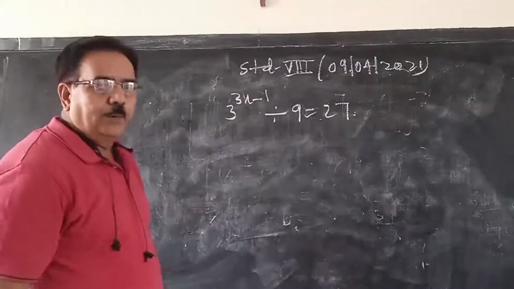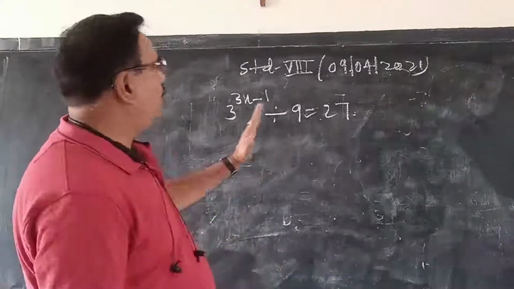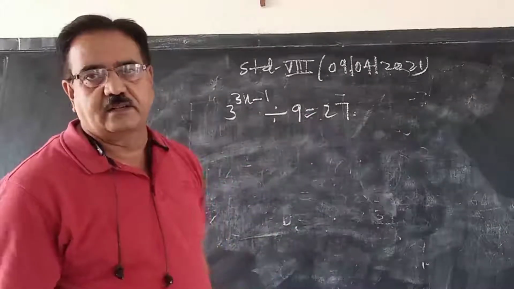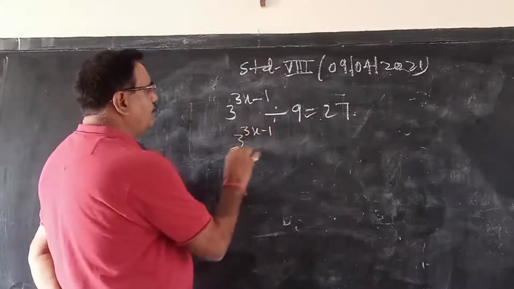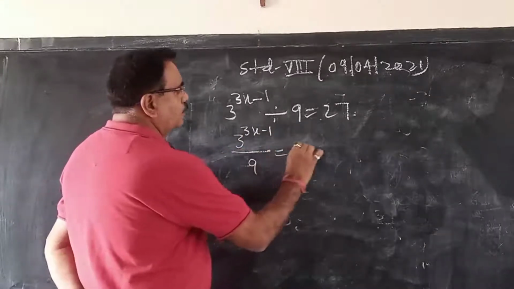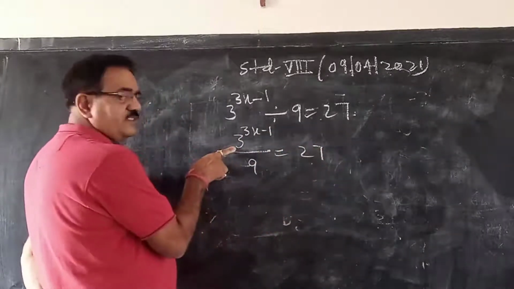What we will do? We will make both of them have the same base first. So we can write 3 to the power (3x minus 1) divided by 9 is equal to 27. Now the base here is 3.